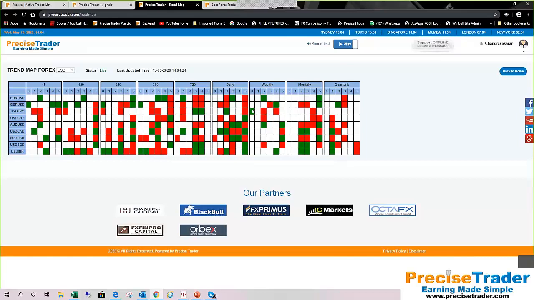On the weekly, the dollar yen has moved up. The 12 hour chart is flat, and only the New Zealand dollar is down. The Kiwi dollar is down, and the 360 Kiwi dollar is also down, and the pound is moving up at the current location.